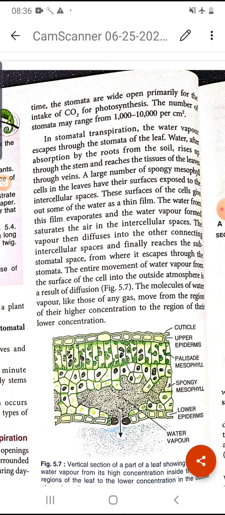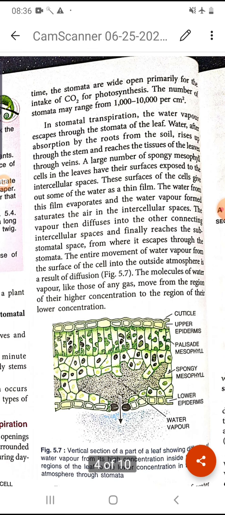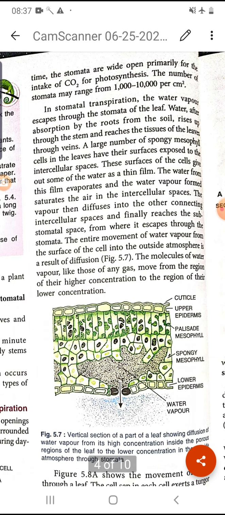The number of stomata varies from plant to plant, but it generally ranges from 1000 to 10,000 per square centimeter. In daytime stomata generally open to take carbon dioxide from the environment for photosynthesis.